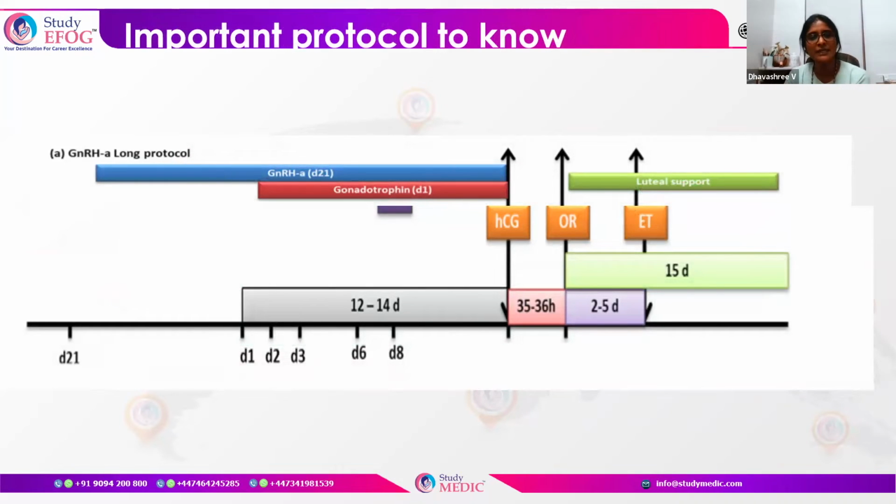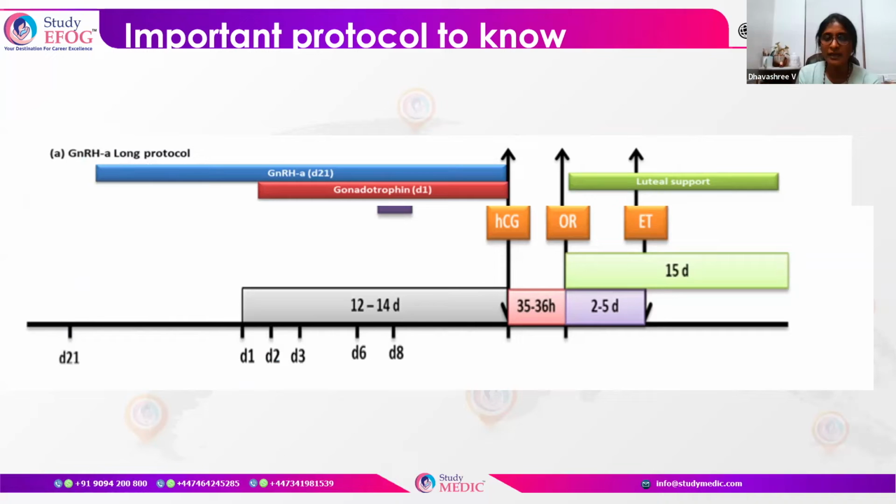So basically, when I say GnRH agonist protocol, this is the conventional protocol, which is the long agonist protocol. Normally this is day 1 of the cycle, the cycle before. This is the reason why in the previous cycle, from day 21, we start giving a GnRH agonist, which is basically leuprolide.